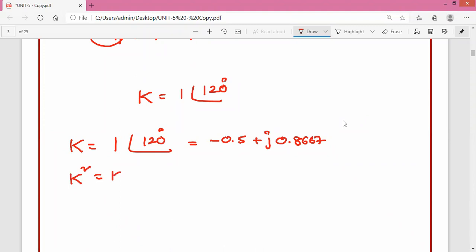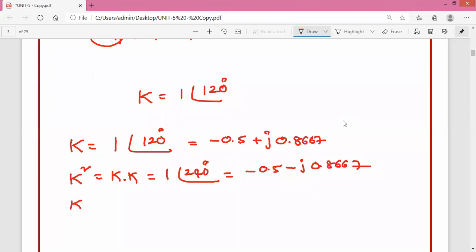K square is nothing but K into K, which is 1 into 1, with angles 120 plus 120, 240 degrees. K square is equal to 1 at an angle of 240 degrees, and the value will be cos 240 plus j sin 240, which is minus 0.5 minus j 0.8667. This is the value of K square.